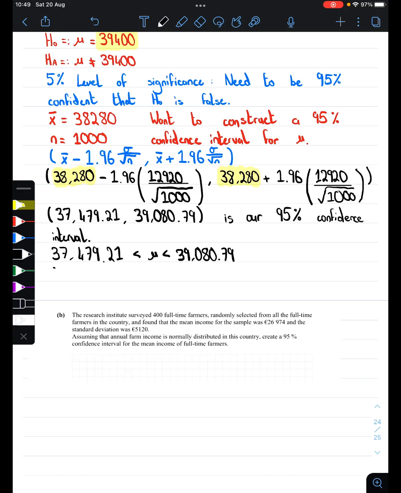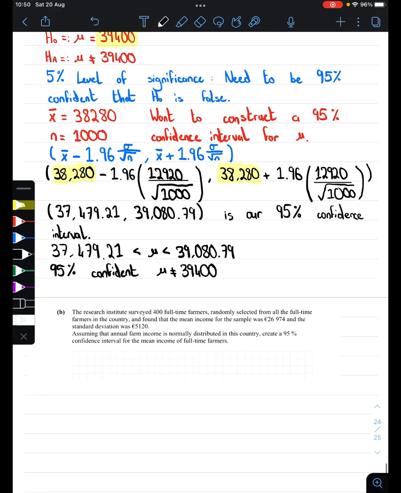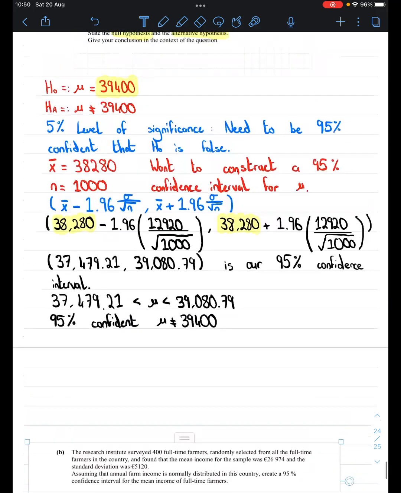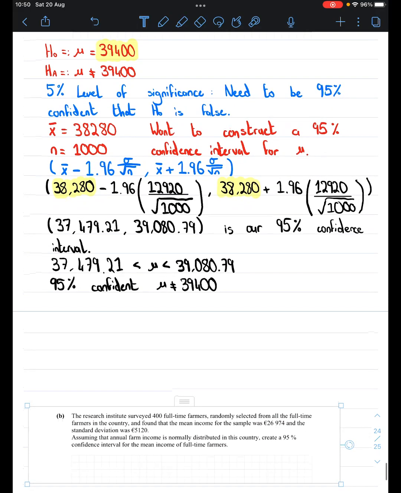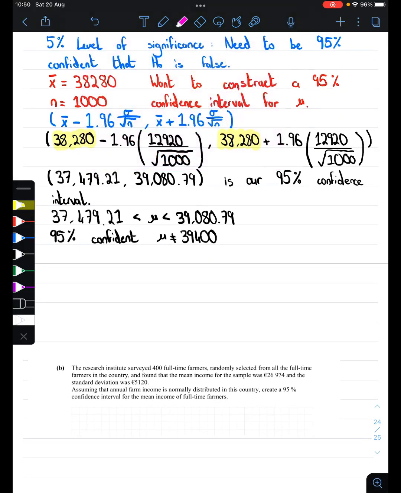So we're 95% confident that mu does not equal 39,400. And so that means we reject the null hypothesis. We're 95% confident that 39,400 is not the mean because it does not lie in our confidence interval.